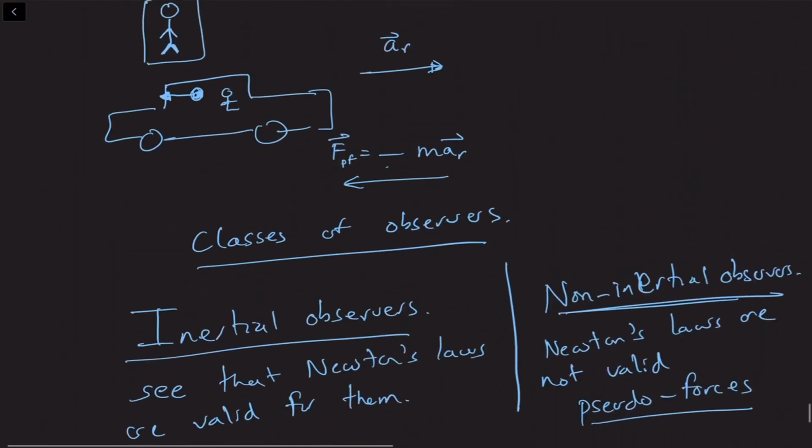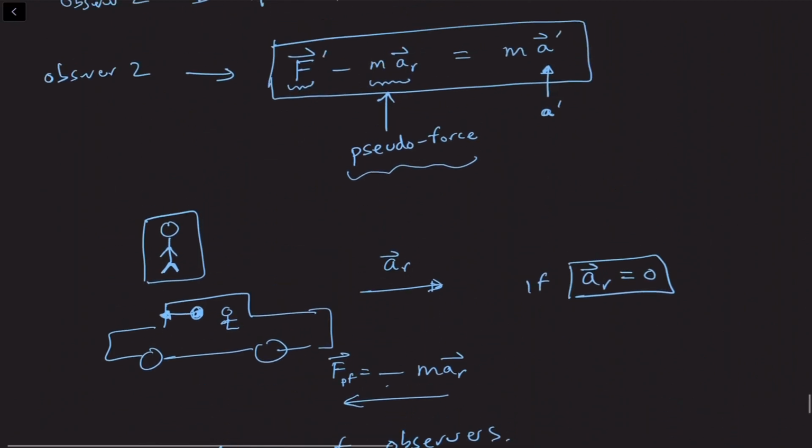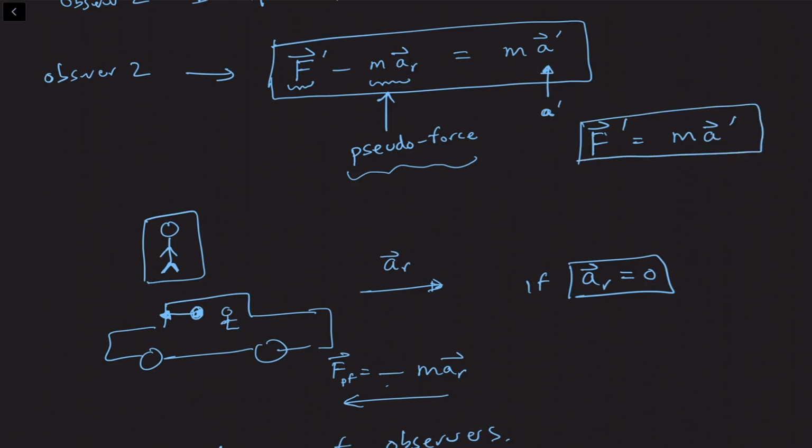If you take this special case where AR is 0, in those special cases, the force F prime, as seen by observer 2, which is the same as the force F, a force which can be attributed to a known cause, like someone pushing on the object, would result in an acceleration that is directly proportional to the force divided by the mass of the object.